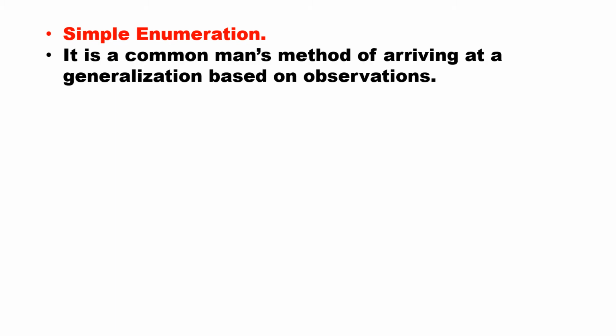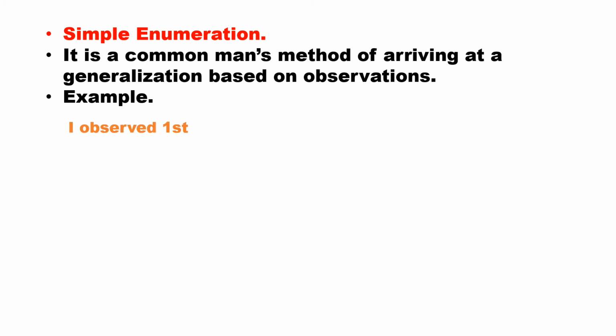Let us understand induction by simple enumeration. It is a common man's method of arriving at a generalization which is based on observations. On the basis of observations only, we generalize here, because it is a method of induction. Let us understand this with an example.